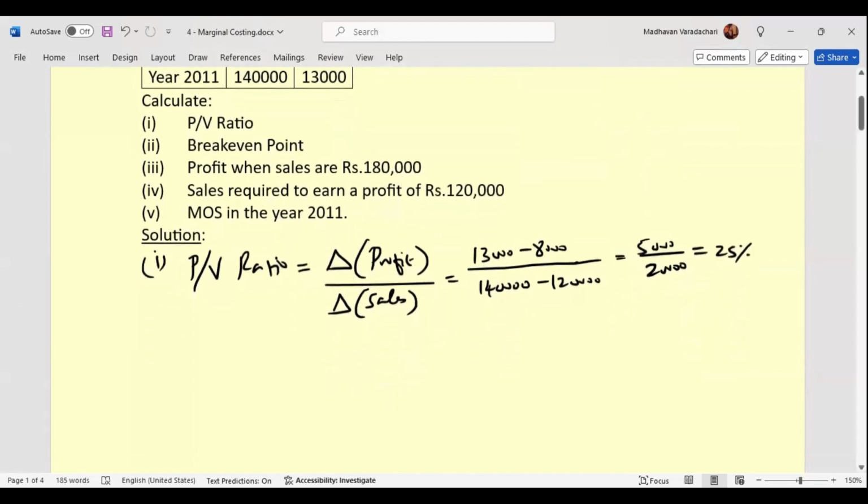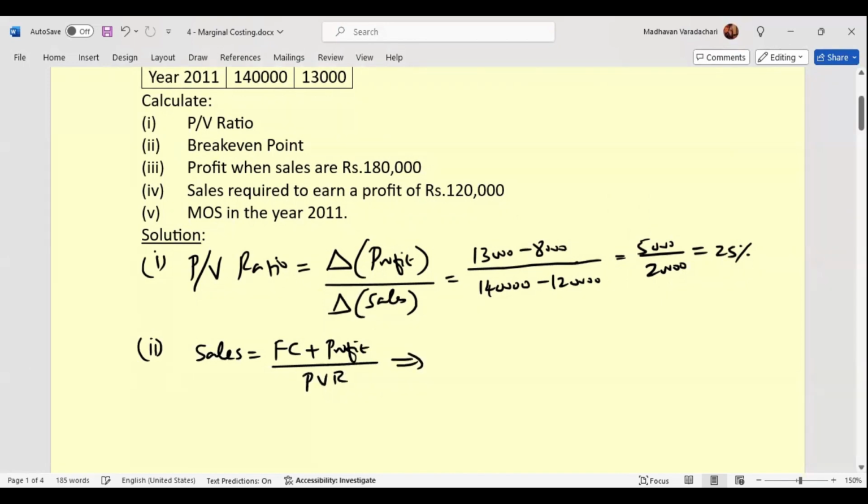The next one is break even. To calculate break even, we need to calculate the fixed cost. So we have sales available, profit available, PV ratio just now we calculated, we can find out the fixed cost. Means sales is equal to fixed cost plus profit divided by PV ratio.